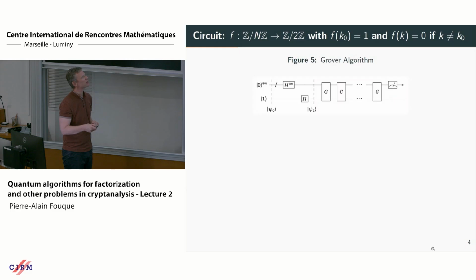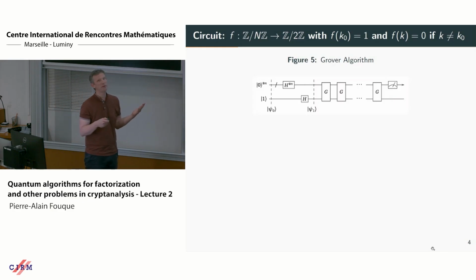So I begin with the superposition of all different values. So here I will have 2 to the n values. Okay? In the slide before, I have only 8 values. And here I have another qubit, in fact, that is initialized with 1. And here I also apply a Hadamard gate. Okay?